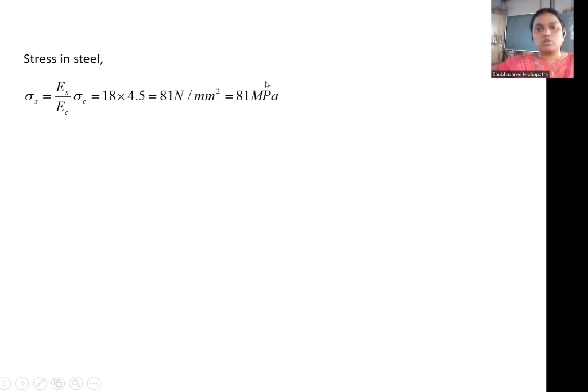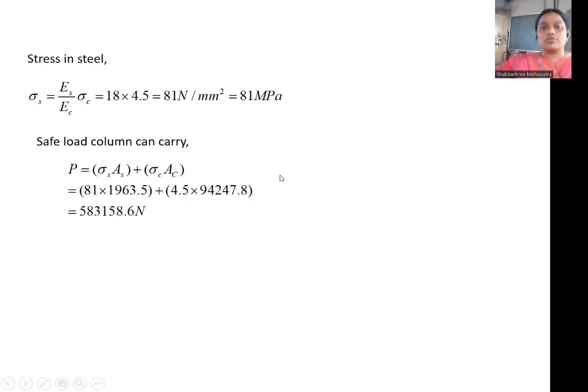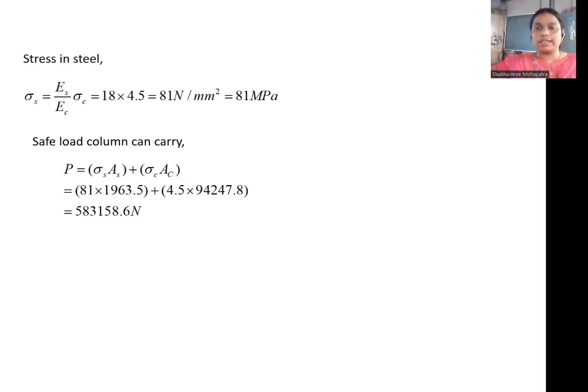By putting these values, we get 81 megapascal as the stress of steel. For the safe load or total load calculation, we know the formula is P is equal to sigma S AS plus sigma C AC. That means the load is the summation of the load of each material.